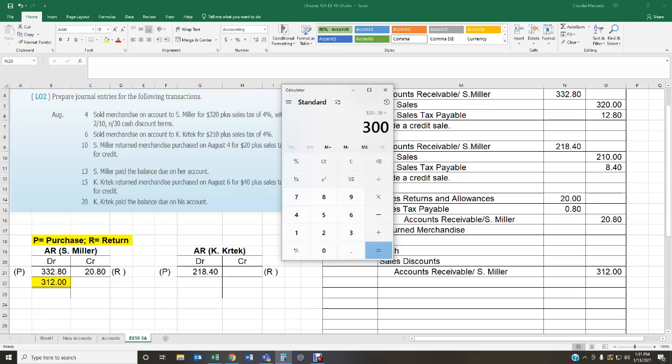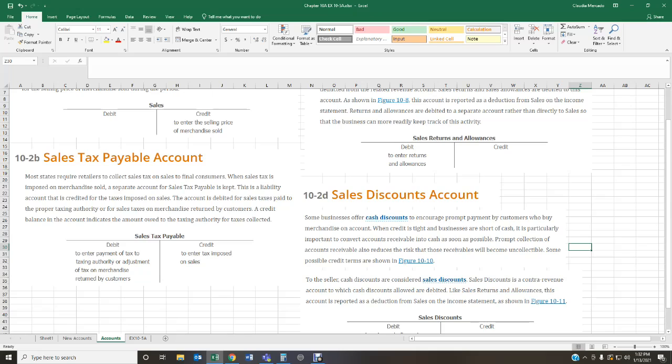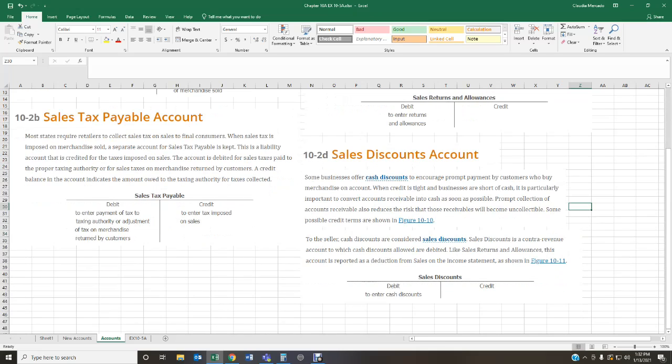Now that I know the amount of my sales, I am going to multiply it by my 2% discount. So that means I am getting a $6 discount for paying within 10 days. And the amount of your discount would be a debit. You enter your cash discounts as a debit.